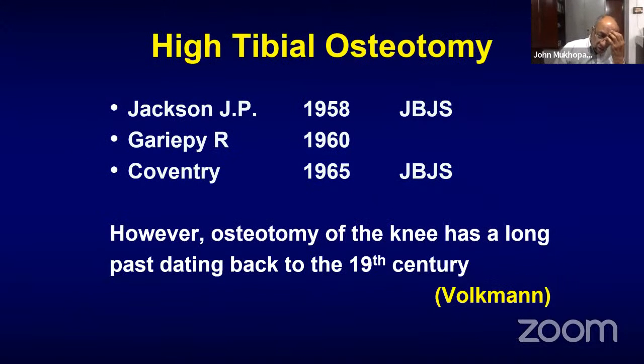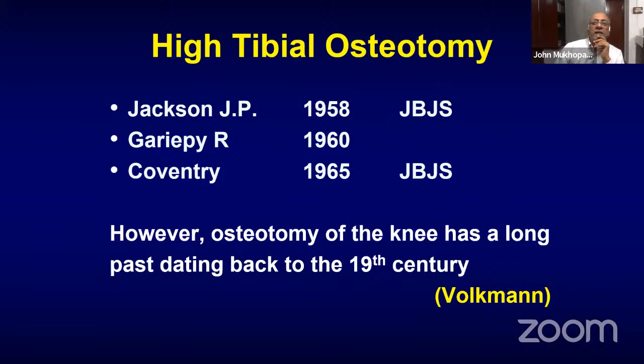Now, high tibial osteotomy has a long history. The recent papers by Jackson et al. from the UK, Gariepy and Coventry, who really popularized this method in the late 60s, early 70s. Okay, so Coventry was in the US, and these were all closed wedge, lateral closed wedge osteotomies.